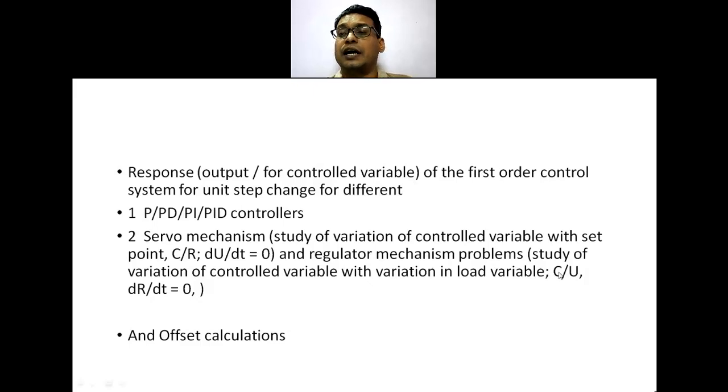That means it's C upon U, that is output upon input. Whether I change the load variable or the set point, the output is the same, that is C, the controlled variable, along with the calculations related to the offset.